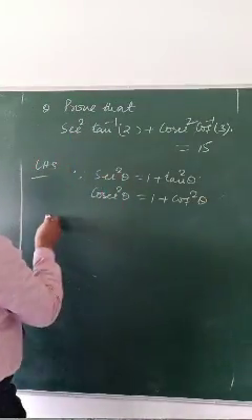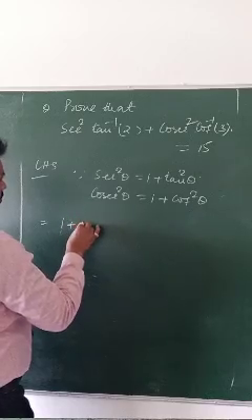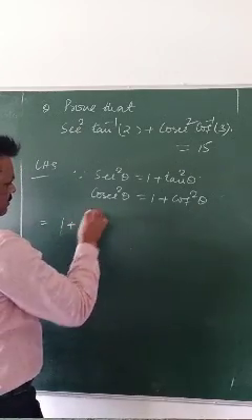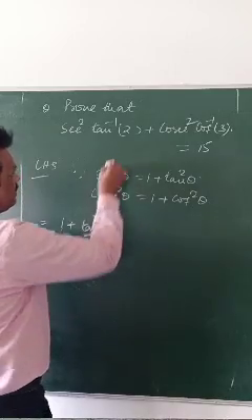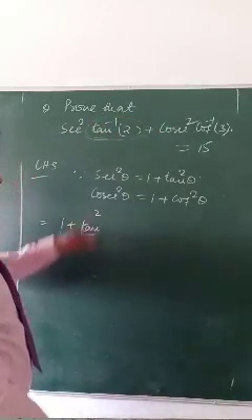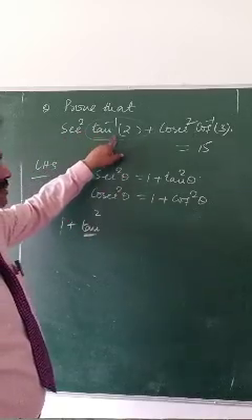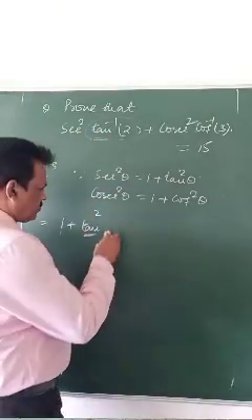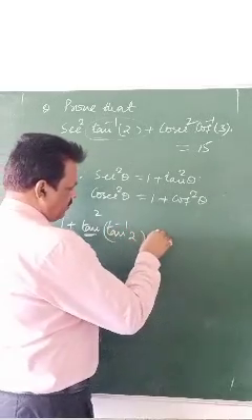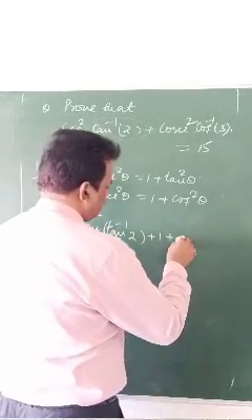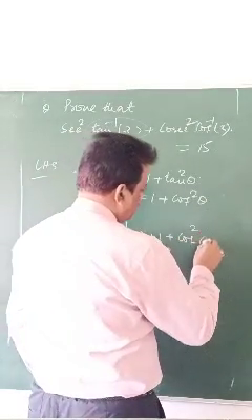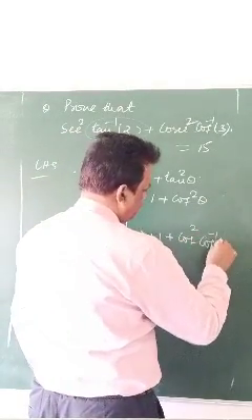So you can write 1 plus tan square, tan inverse 2, plus 1 plus cot square, cot inverse 3. Here theta is tan inverse 2 in the first term and cot inverse 3 in the second.